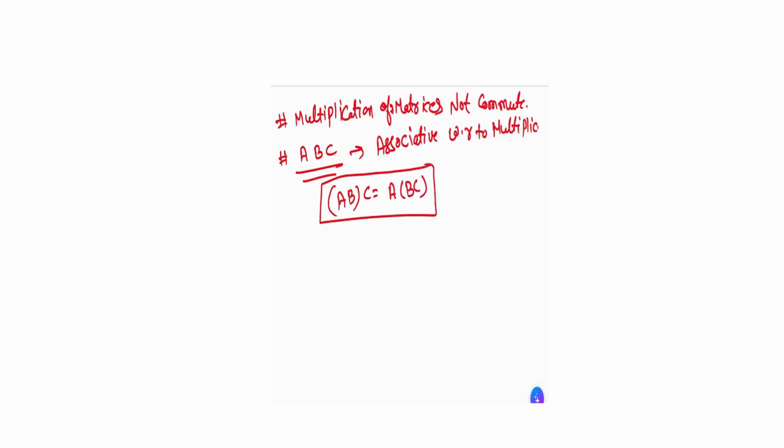Now we come to another point. In real numbers, we know that for numbers a and b, a dot b equals 0 if and only if either a equals 0 or b equals 0.